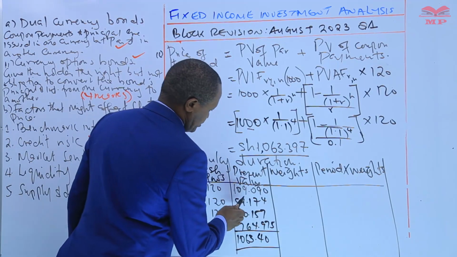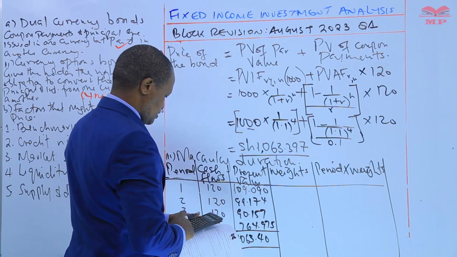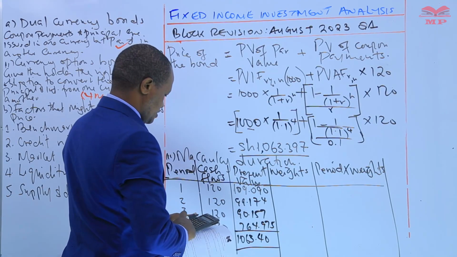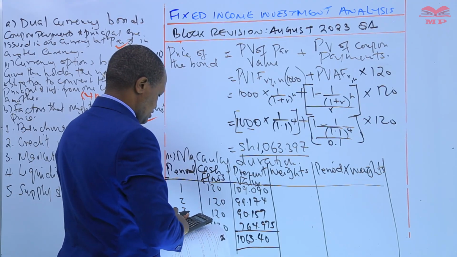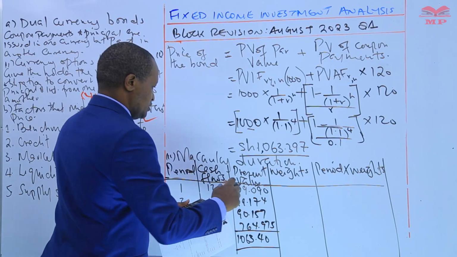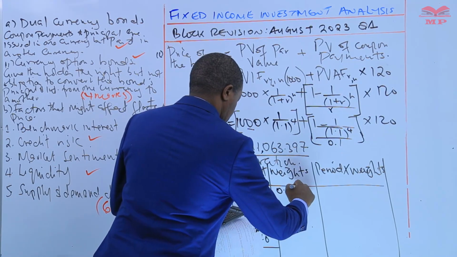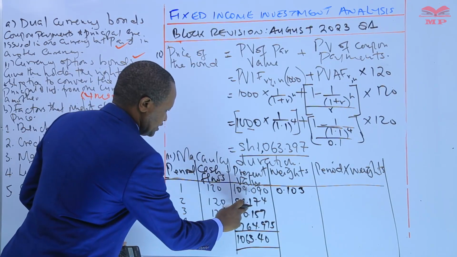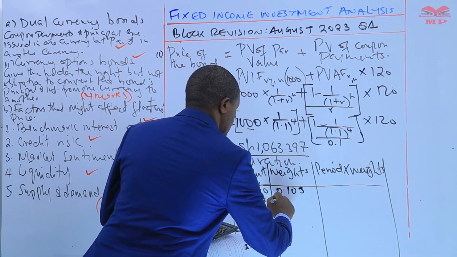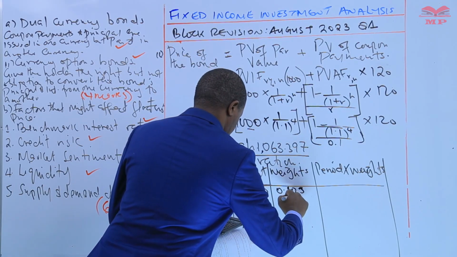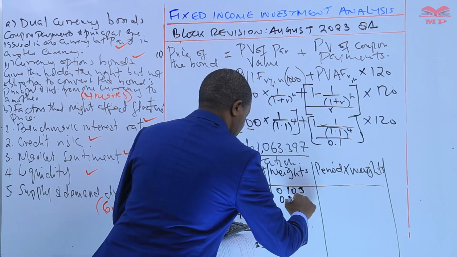So firstly, year 1, we have 109.090 divided by 1063.4, 0.103. Next, I'll take 99.174, 0.093.